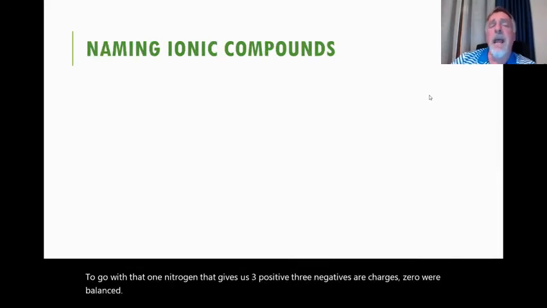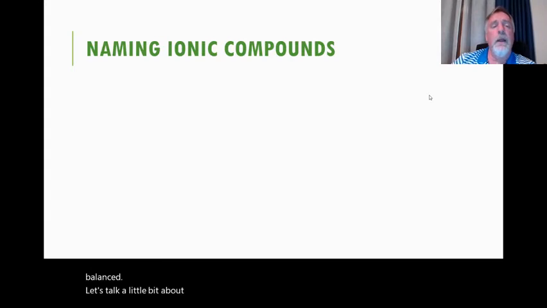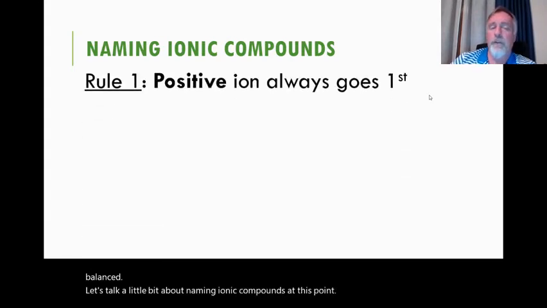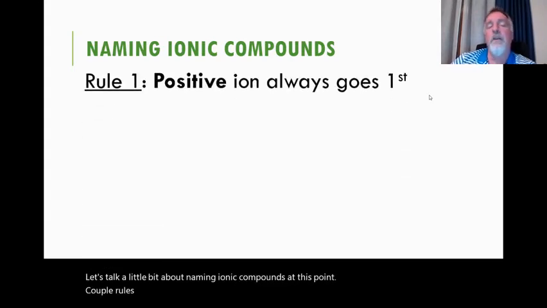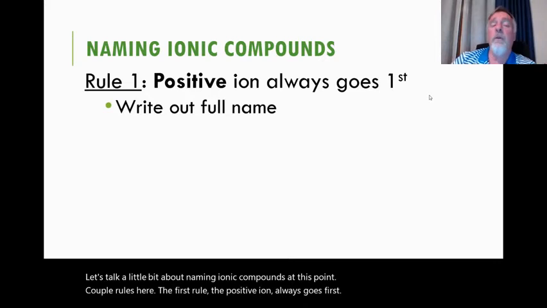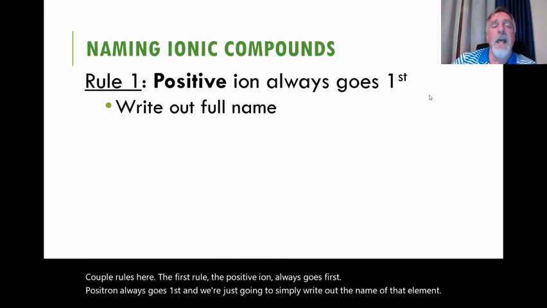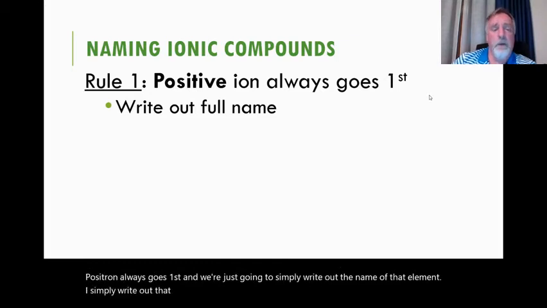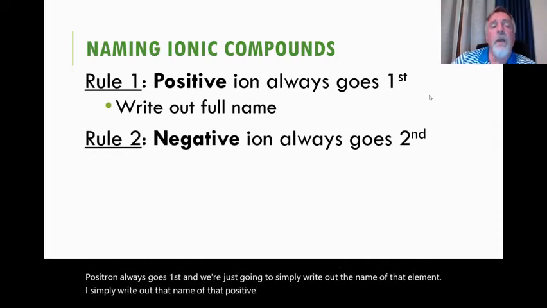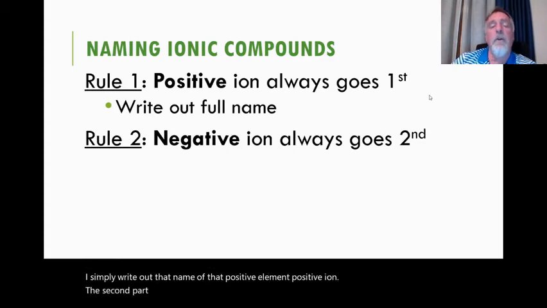Let's talk a little bit about naming ionic compounds at this point. A couple rules here. The first rule: the positive ion always goes first, and we're simply going to write out the name of that positive element. The second part: we're going to look at our negative ion.